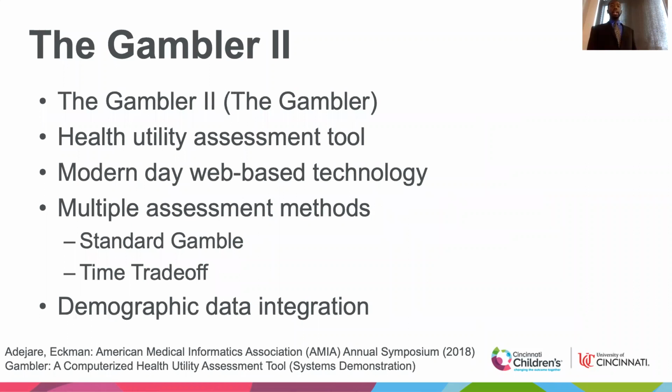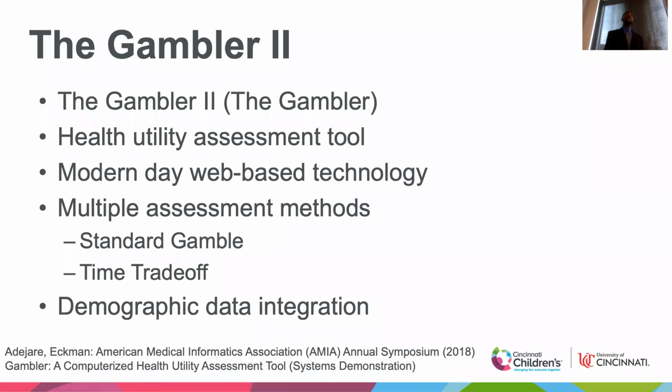So let's talk about the Exemplar. The Exemplar is a health utility assessment tool that has been remodeled after a 20-year-old application that has been revamped for the web using modern web-based technologies.